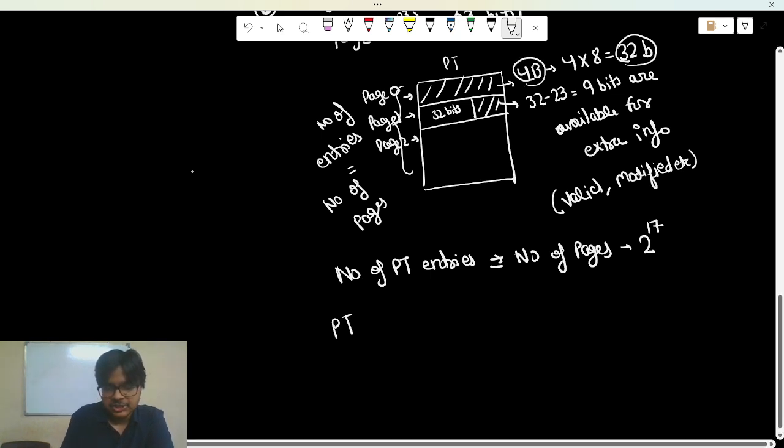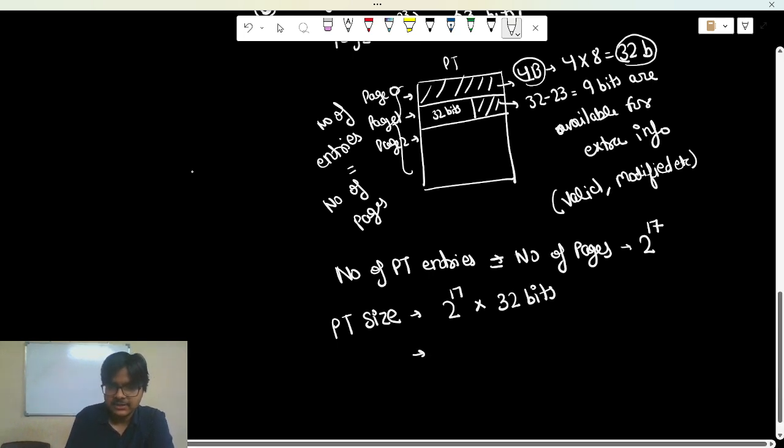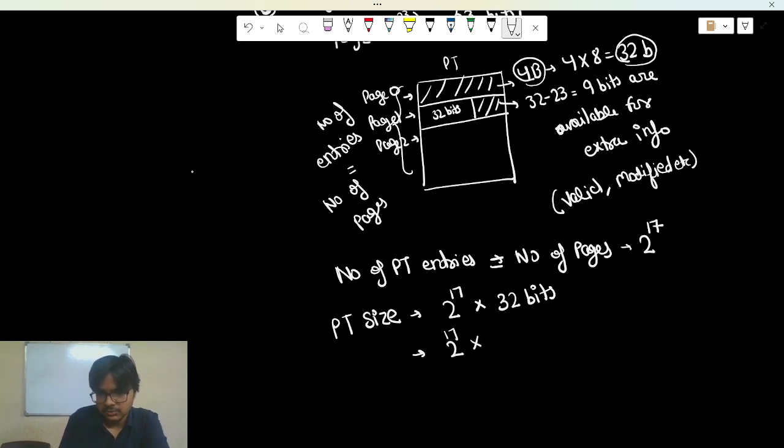So your page table size will become 2 raised to the power 17 multiplied by 32 bits, or 4 bytes. So you can simplify it: 2 raised to the power 17 into 4 bytes.